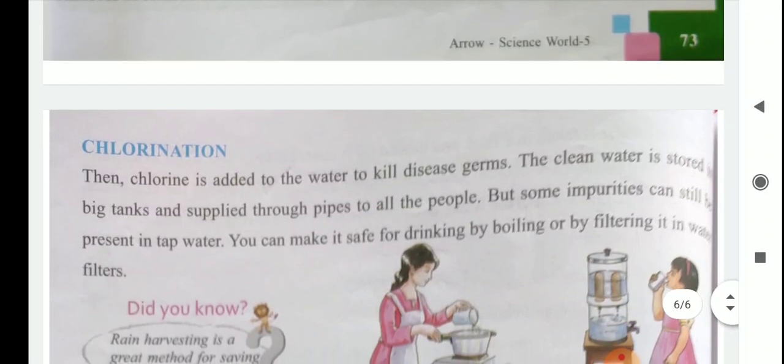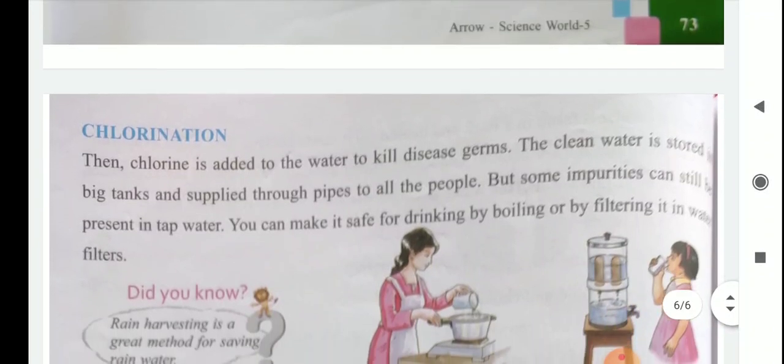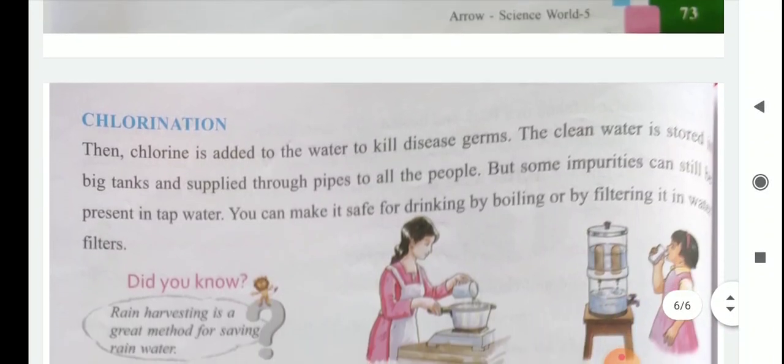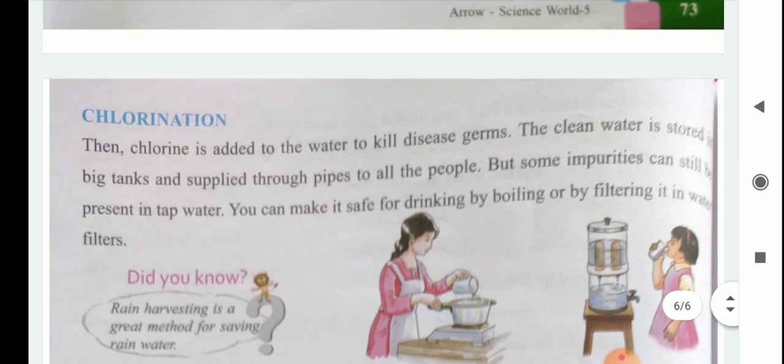Then the third one is chlorination. Chlorine is added to the water to kill disease germs. The clean water is stored in big tanks and supplied through pipes to all the people. But some impurities can still be present in tap water.